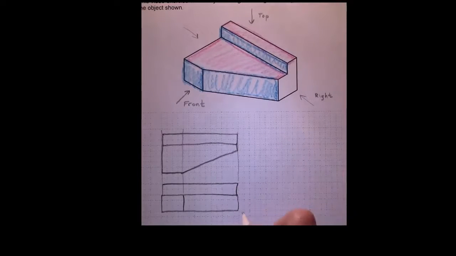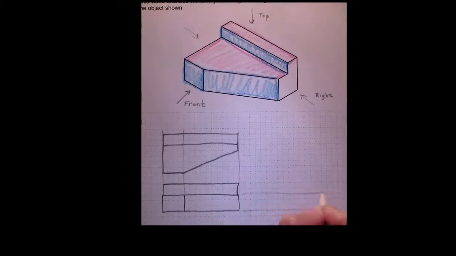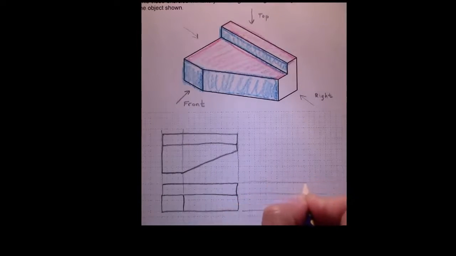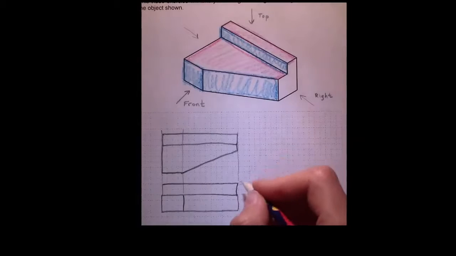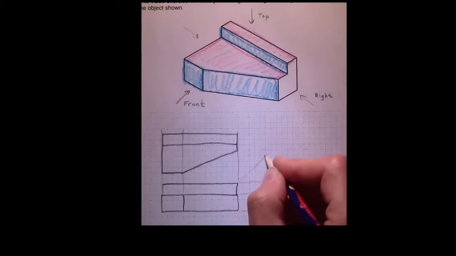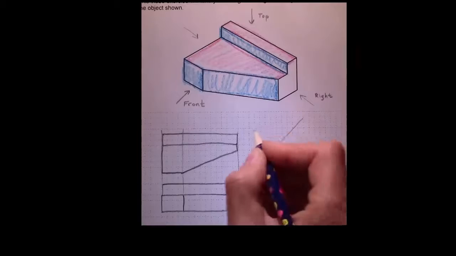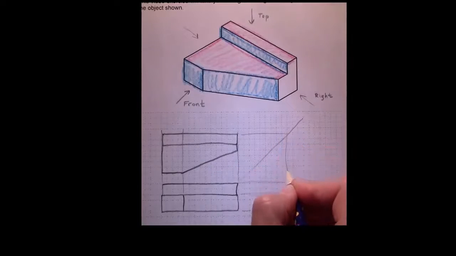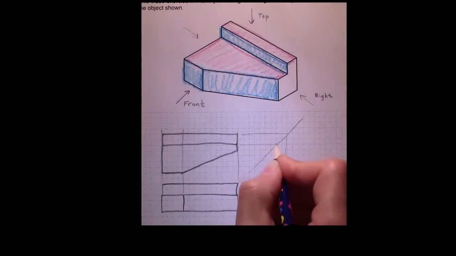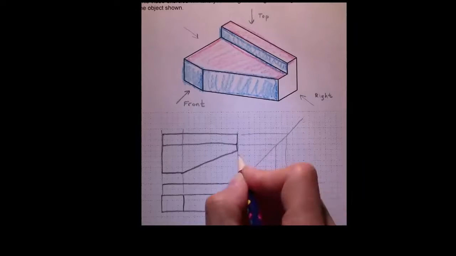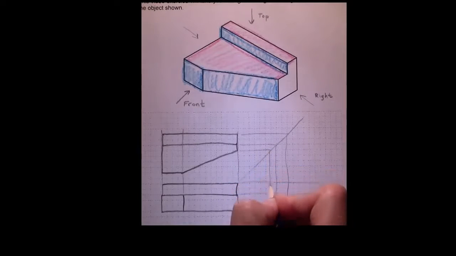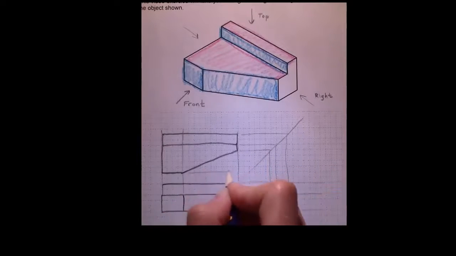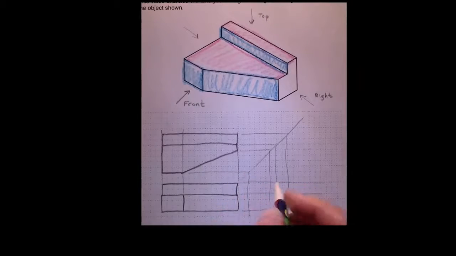The right side view is going to be horizontally aligned with the front view. And then we're going to create a 45-degree angle projector and project over and down from the top view. And this gives us a nice little area where our right side view is going to go.